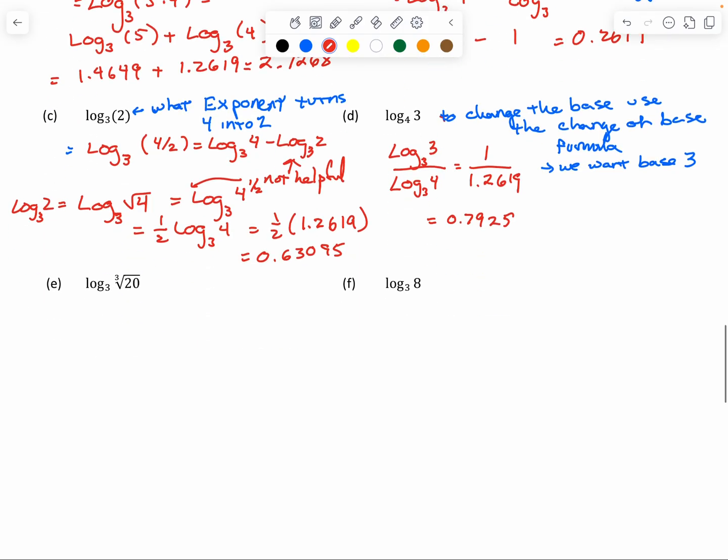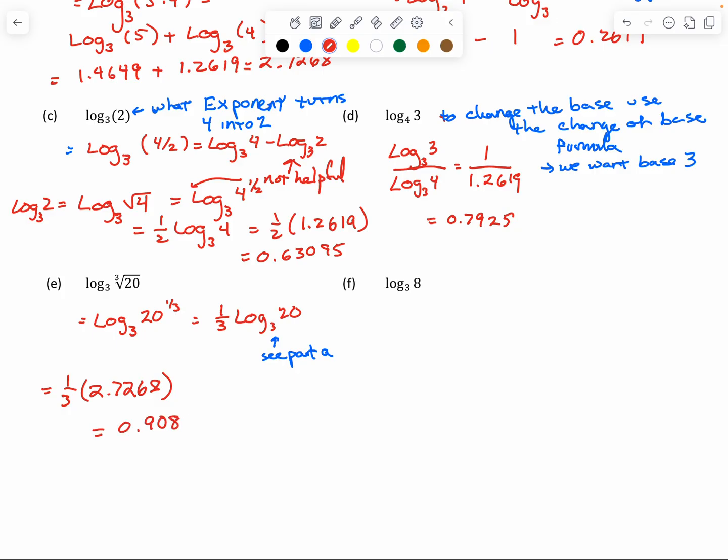Cube root of 20. So, if you remember that part A asks you for the log base 3 of 20, you can use that. So you can do this a few ways.